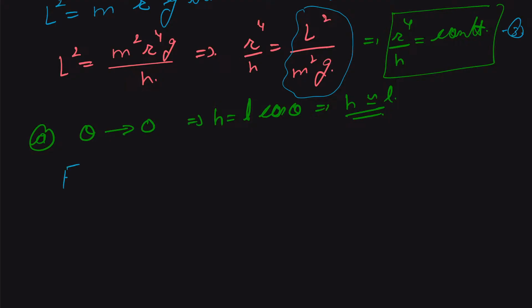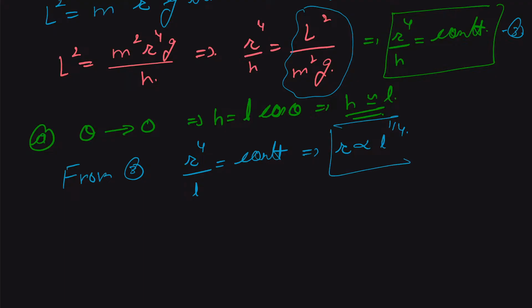So from equation 3 we can replace h by L. We get r raised to power 4 divided by L is equal to constant. And from here we get that r is proportional to L raised to power 1/4. So this is the relationship between the radius and the length.